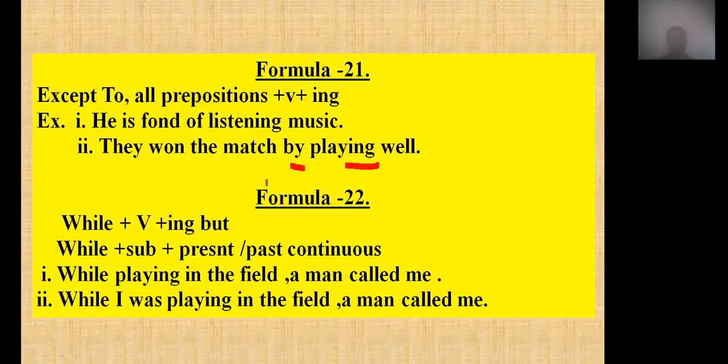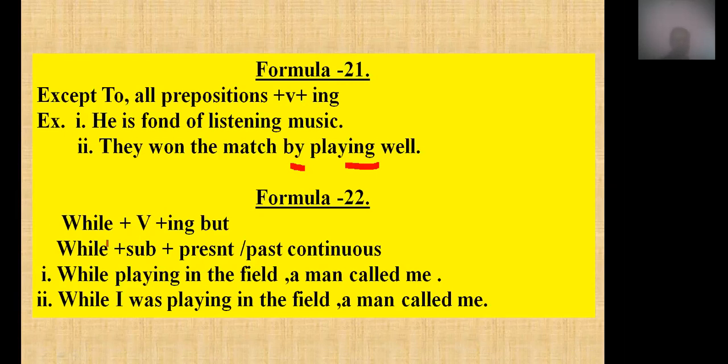Now formula 22: while plus verb plus ing, but while plus subject plus present or past continuous. That means if you see after while there is a verb, then the verb will be in ing form. But when you see after while there is a subject, in that case you will write either present continuous or past continuous.